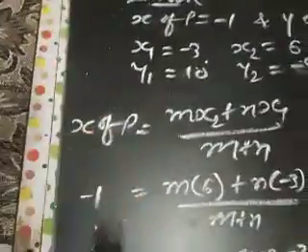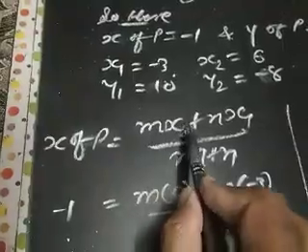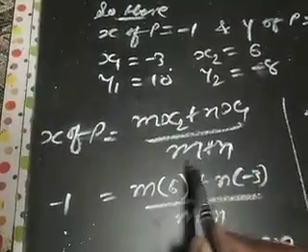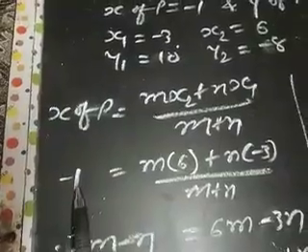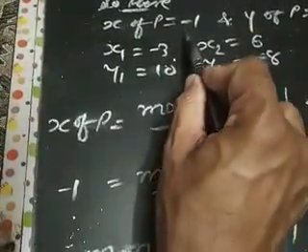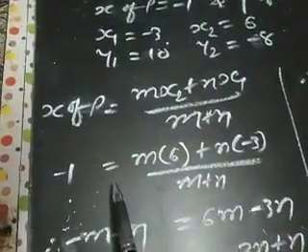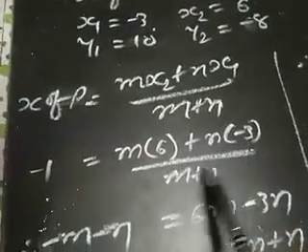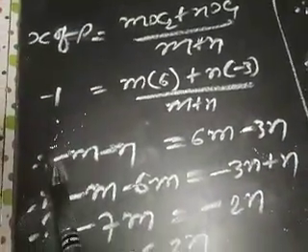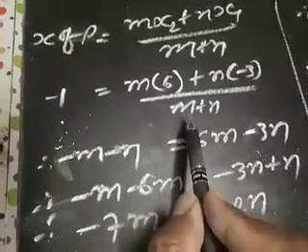Now we use the section formula: x of P is equal to (mx2 plus nx1) upon (m plus n). The x value of P is minus 1, so minus 1 is equal to (m into 6 plus n into minus 3) upon (m plus n).